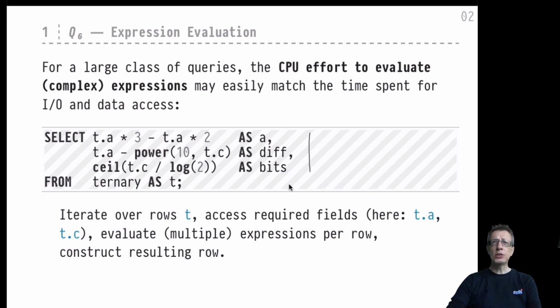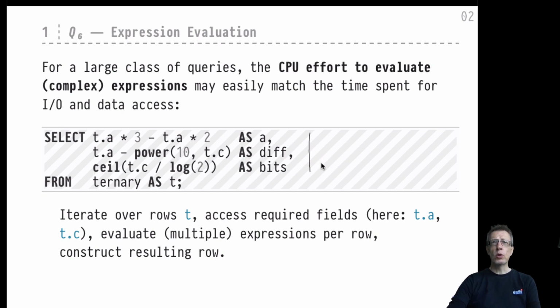It depends on the cardinality of table ternary, of course, but these expressions might be evaluated 1,000 times, a million times, and any cycle that we can save while interpreting these expressions can actually be very beneficial.